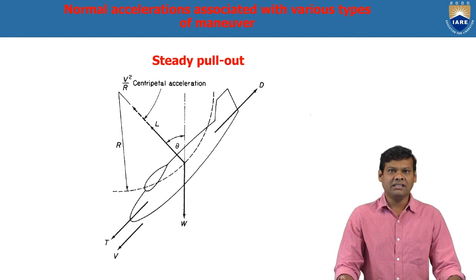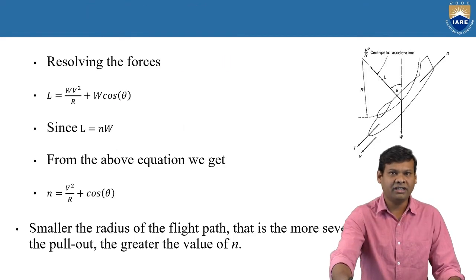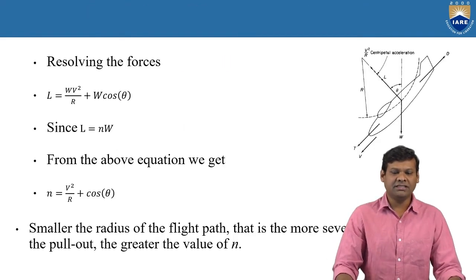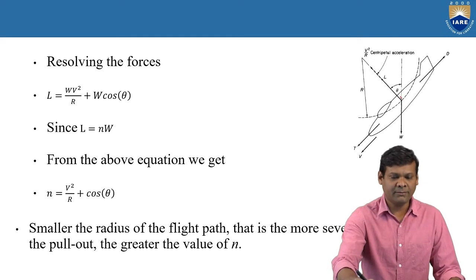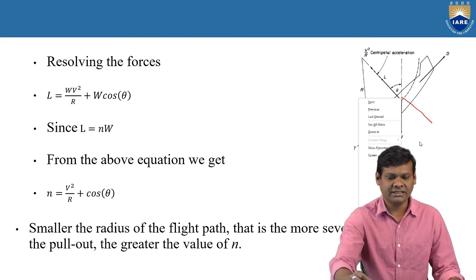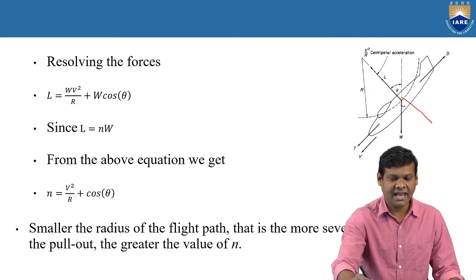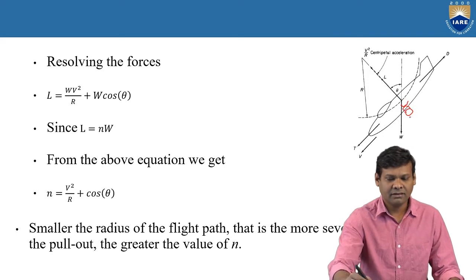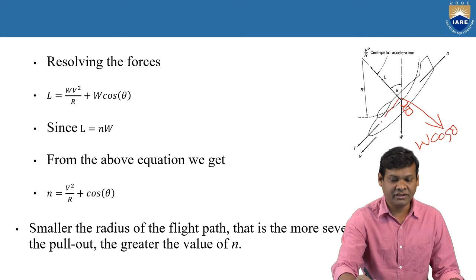Finally, by looking into the free body diagram, this W can be resolved into two components. This is the angle theta, and this is W cos theta, and another component which is acting along the direction of thrust which is given as W sin theta.